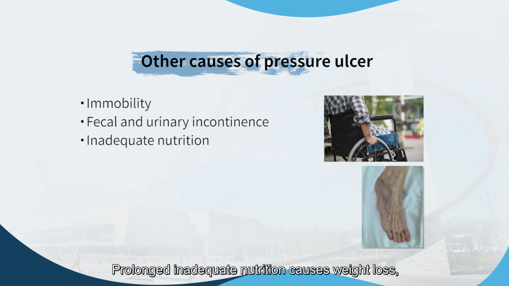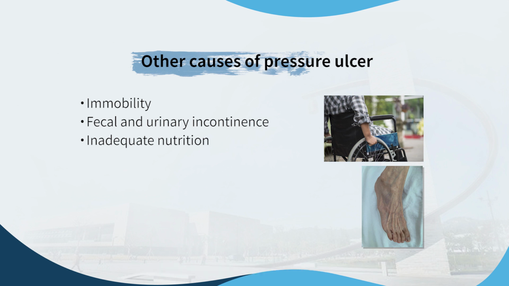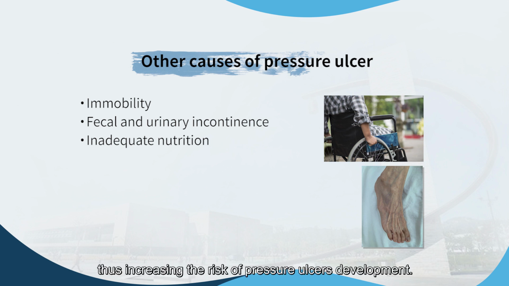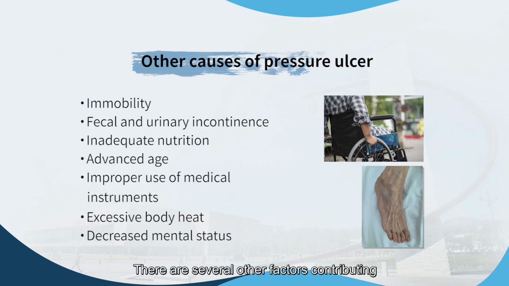Prolonged inadequate nutrition causes weight loss, muscle atrophy, and loss of subcutaneous tissue. These 3 conditions reduce the amount of padding between the skin and the bones, thus increasing the risk of pressure ulcer development. There are several other factors contributing to the formation of pressure ulcers. For example, advanced age and improper use of medical equipment aids.